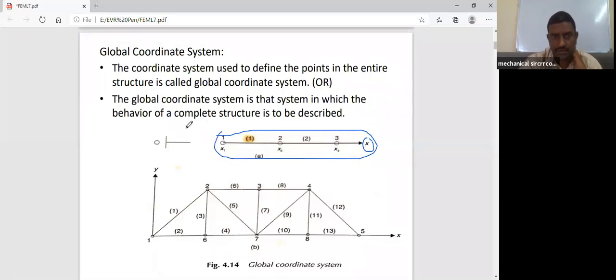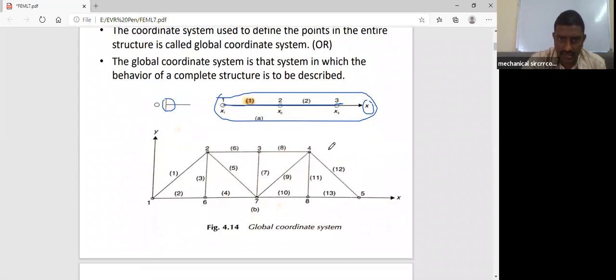The origin of this global x-axis is at O. From 1 to 3 is the body or problem domain. Node 1 is located in this global coordinate x-axis at x1. Similarly, node 2 is at x2 from the origin, and node 3 is at x3 from the origin.